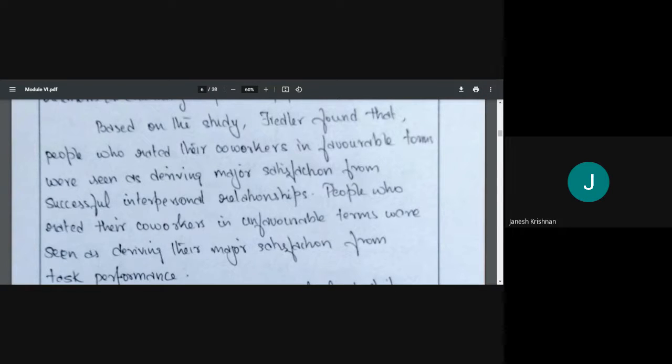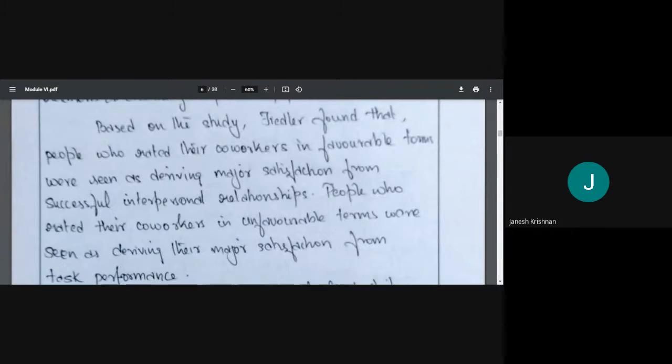Fiedler asked people to rate the leaders, and those leaders who had this approach, making good interpersonal relations, scored higher. Obviously they will score higher, because people were happy with them.